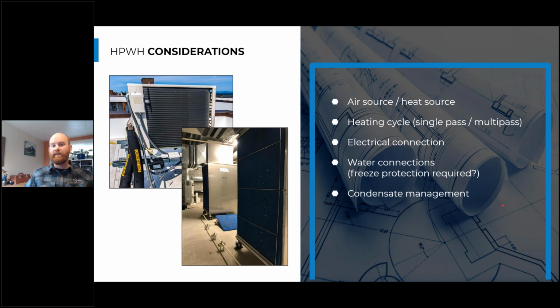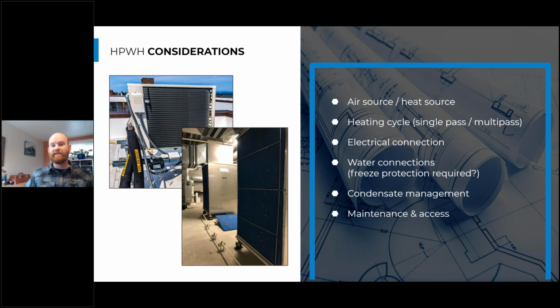It's not acidic condensate like in our gas water heater, but we do need to make sure that if these heat pumps are on a rooftop and that rooftop is subject to freezing, that we're not dumping the condensate right on the rooftop, creating an ice skating rink for the maintenance personnel, right? We have to manage that condensate appropriately. Typically not very challenging, but something that you need to consider with these heat pump water heater systems.